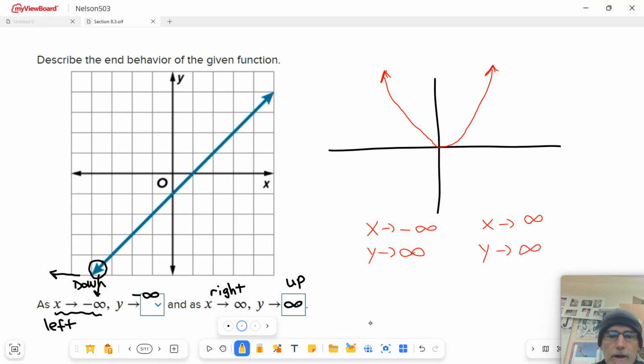All right? Now, let's change this a little bit. Let's say it did more like our example with the heart rate, okay? So let's say your heart rate went up for a while, and then it flattened out and approached some horizontal asymptote, like 70 beats per minute, okay? So let's put 70 right here. Now, the only thing I'm going to change is the y's end behavior right here to 70.